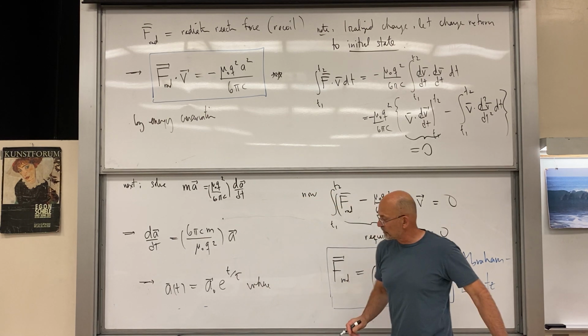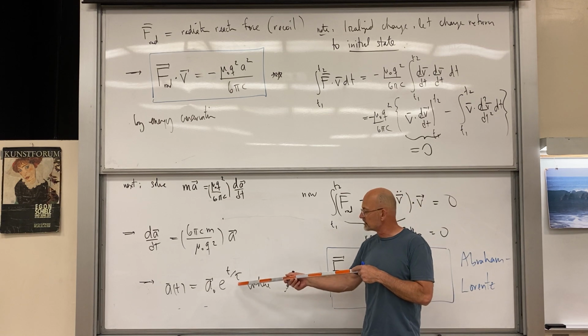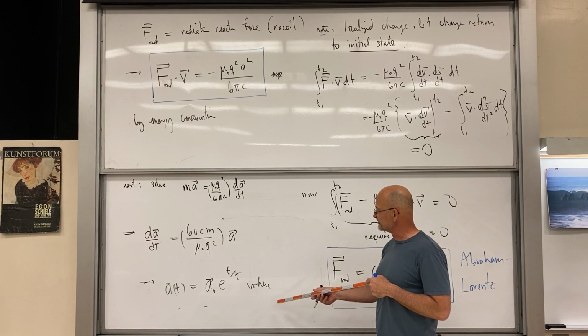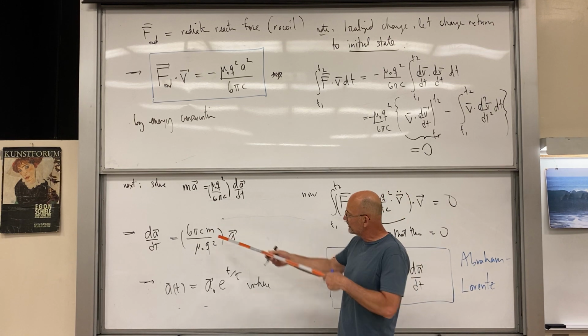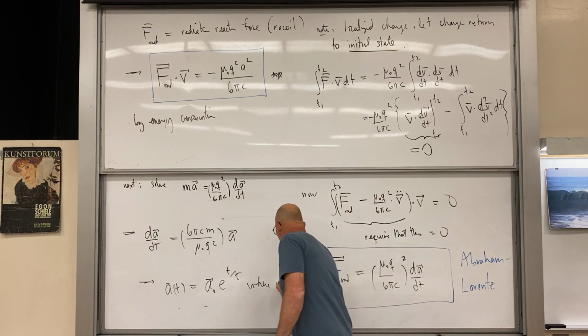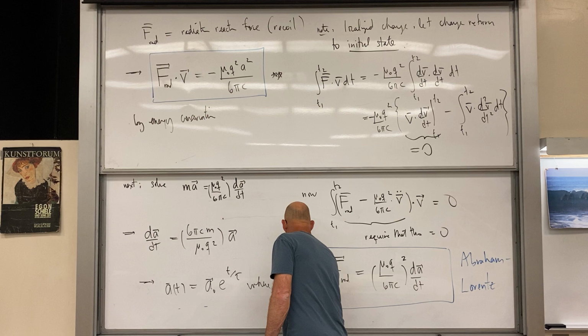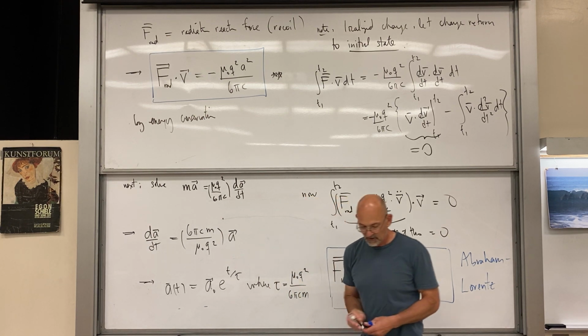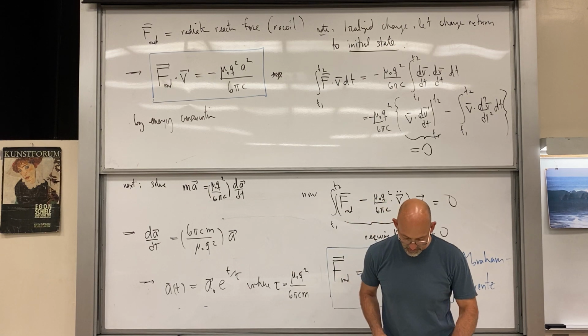Okay, right, that's just a generic solution to the differential equation. So 1 over tau is equal to this, so tau is that inverse, is equal to mu naught q squared over 6 pi c m.